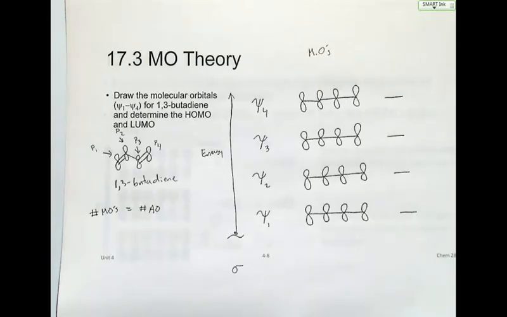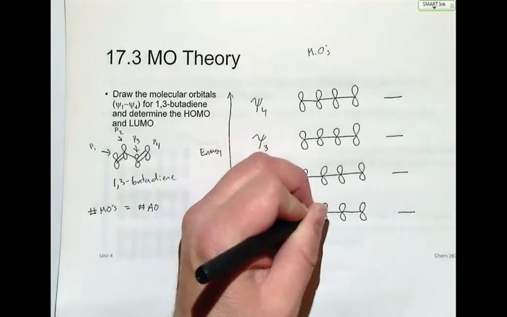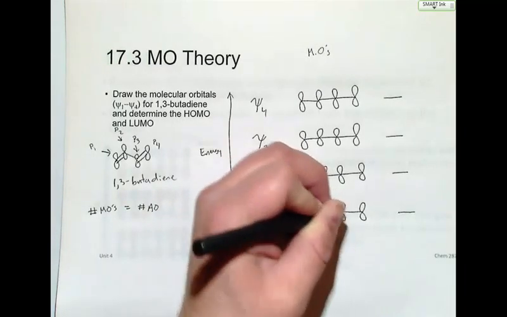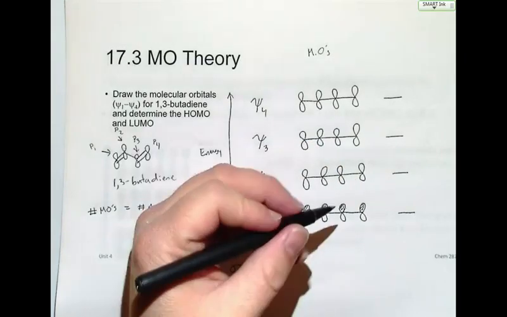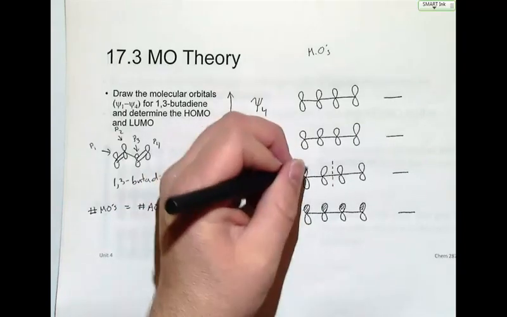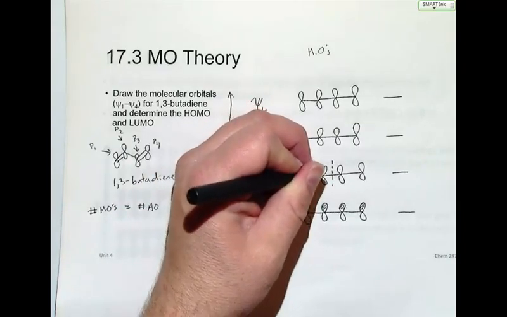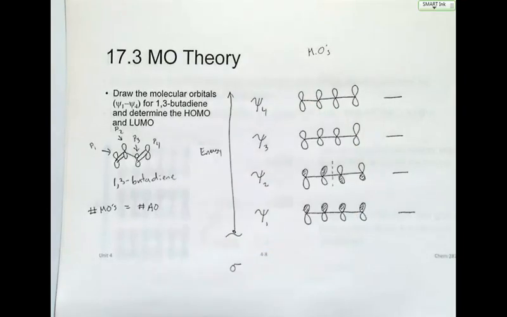Because they have 2 phases, right? Either positive or negative phase. So the lowest energy one is when they combine all in the same phase. They're all lined up. And then the next highest one, we're going to have a node right down the middle of it. That happens when you combine them across phase like that.